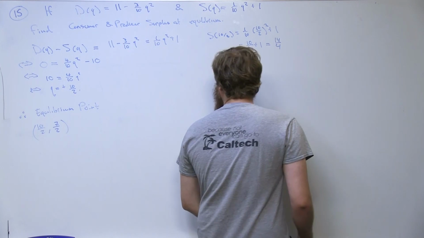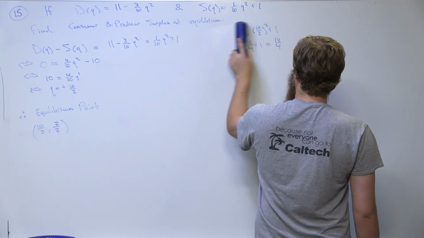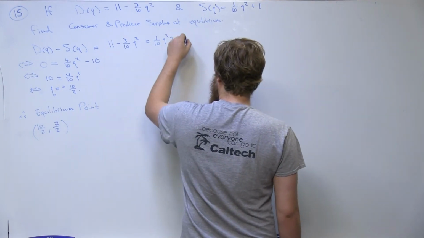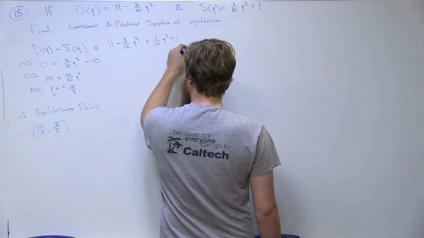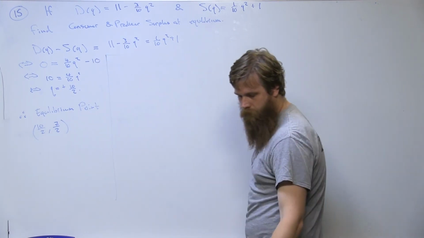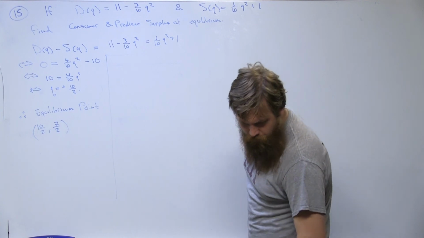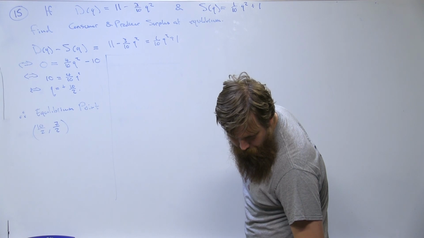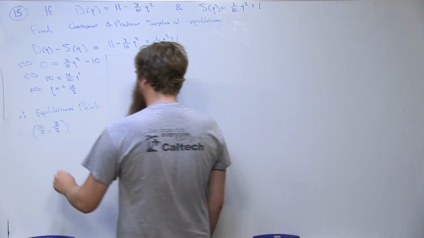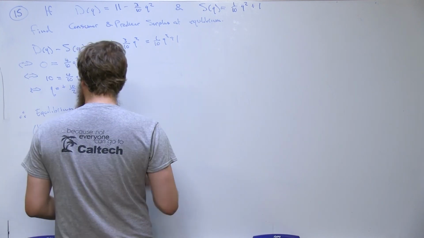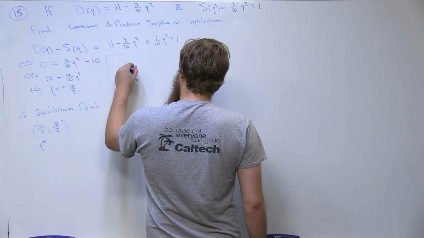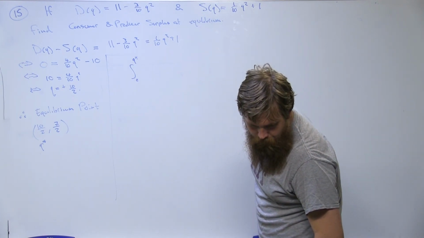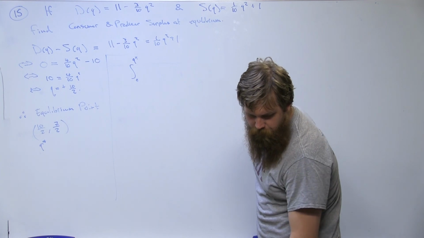Now you've got a formula for your consumer and producer surplus, which I don't have memorized, so I will write down here. Your consumer surplus is given by the integral from 0, so this is called q star, up to q star, of d of q dq minus p star q star.